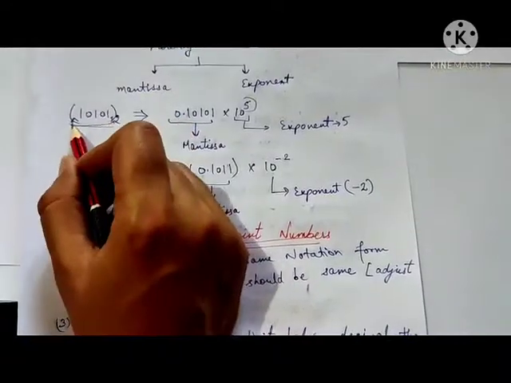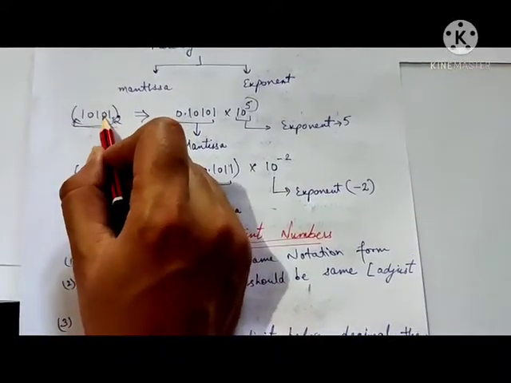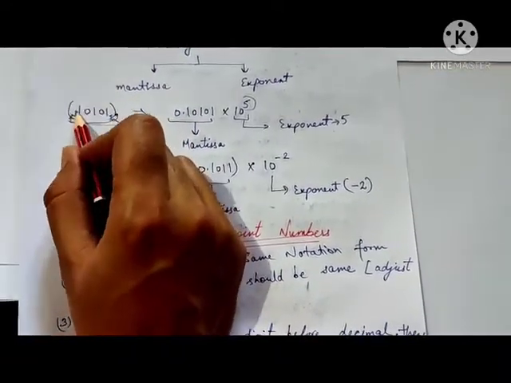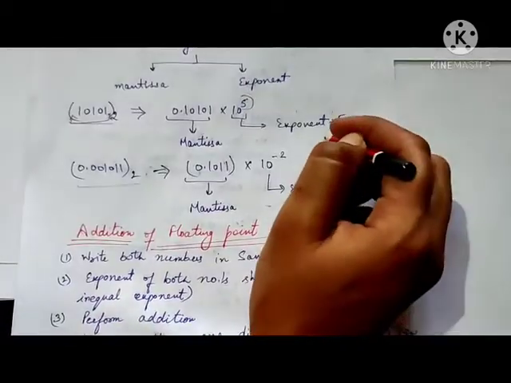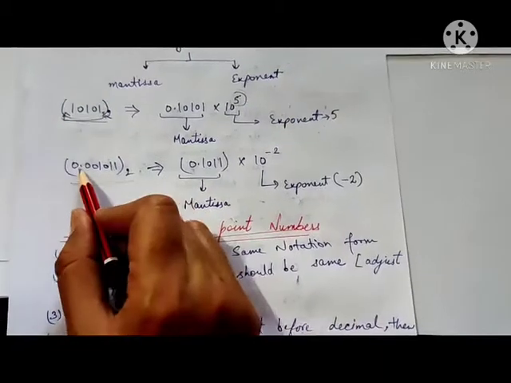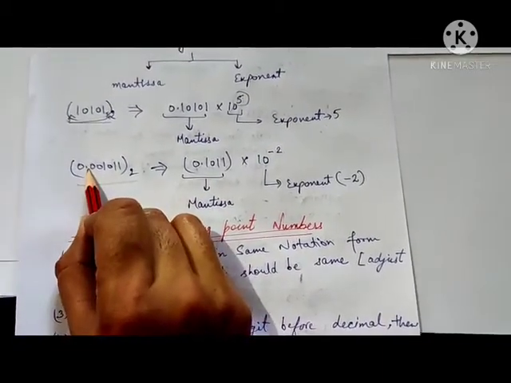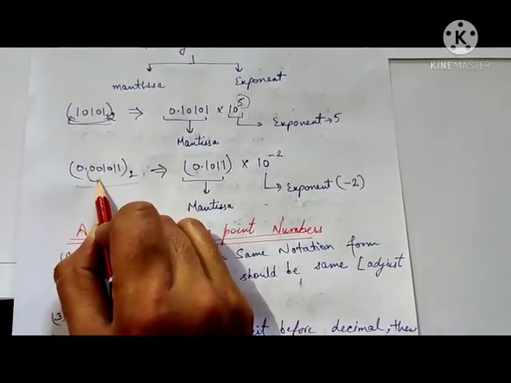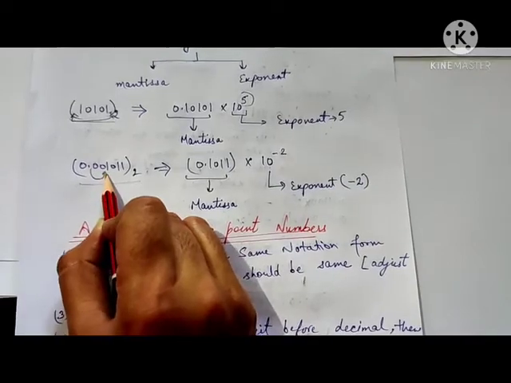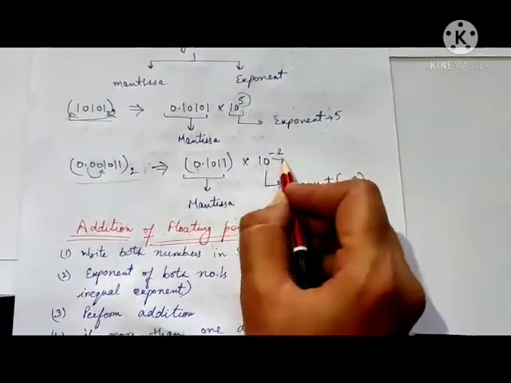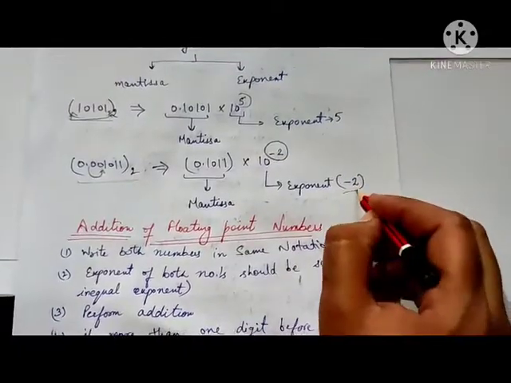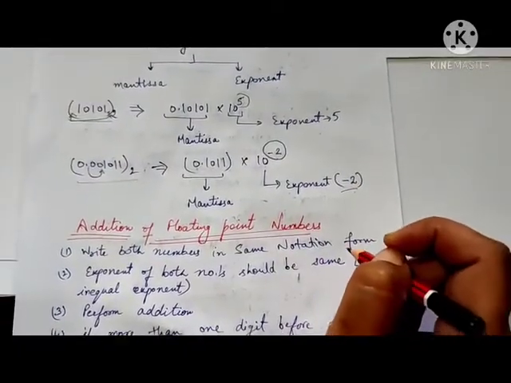Here we move the decimal point 5 positions, 1, 2, 3, 4, 5 to the left. So the exponent is 5. See here, there is a decimal point and I want to move it to the right, to the position after two digits. So I move it, and the exponent is in negative form.